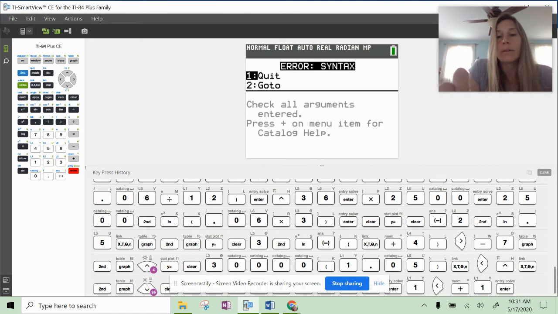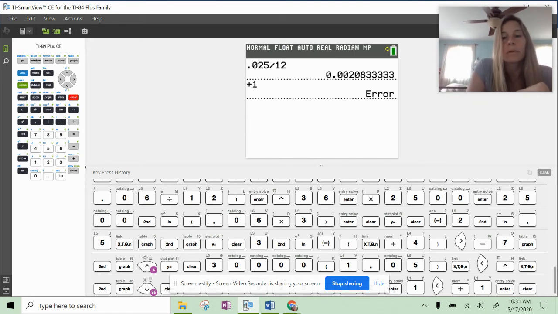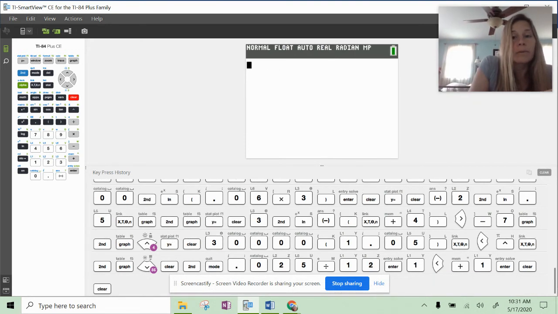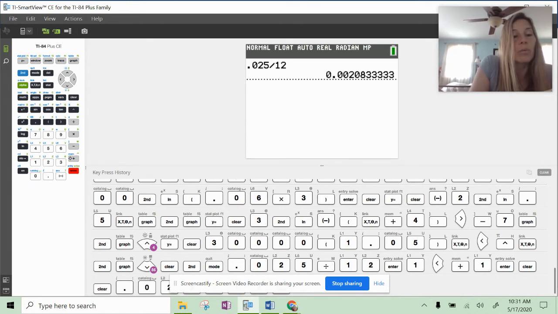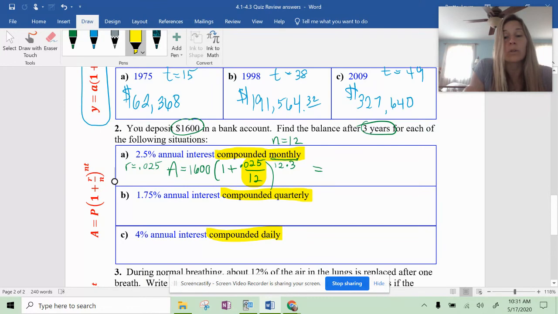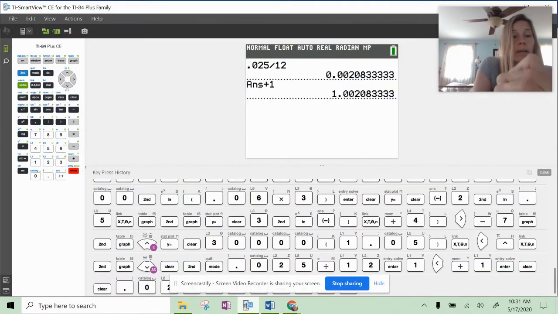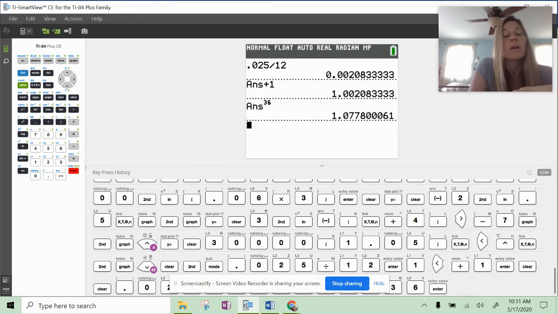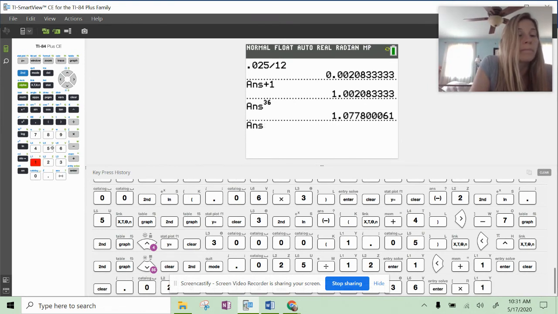All right, let's try again. Sometimes I hit the wrong button. Okay, 0.025 divided by 12, add 1. Okay, so now that's what's inside the parentheses. We want to raise that to this 12 times 3, which is obviously 36, right? So we raise it to 36. It equals again. Then multiply that to that initial value, which was 1,600.